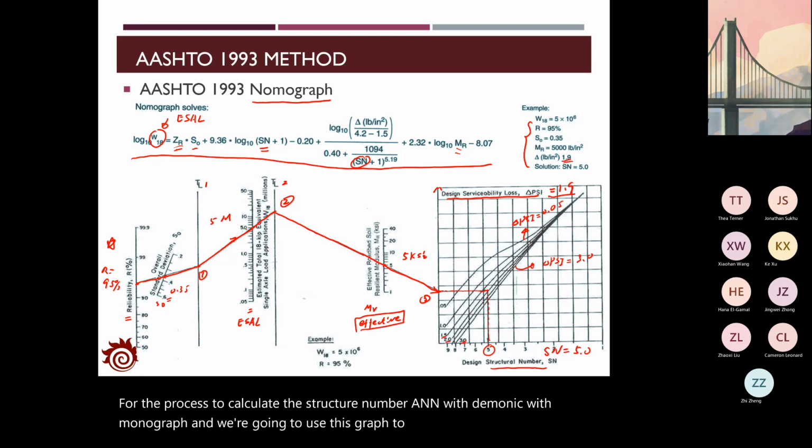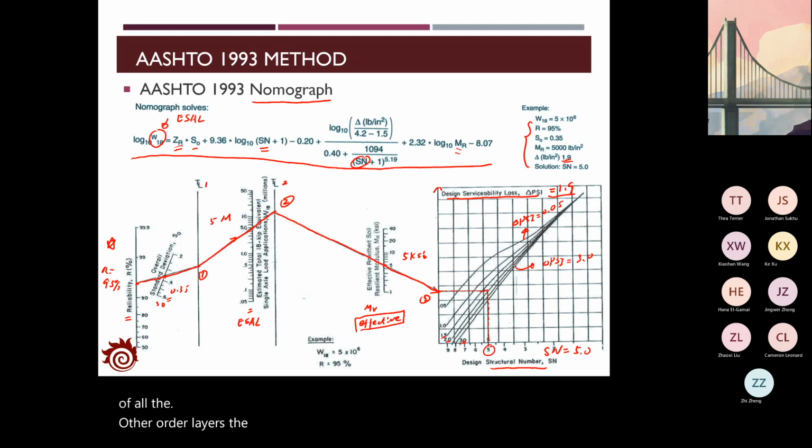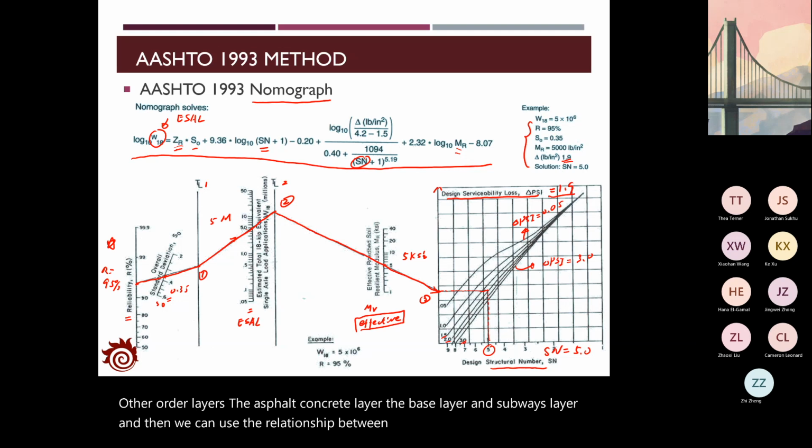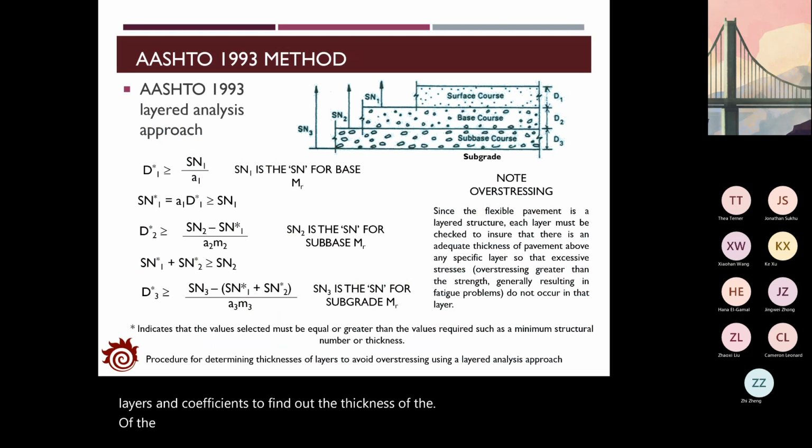the structure number of all the layers: the asphalt concrete layer, the base layer, and subbase layer. And then we can use the relationship between the structure number at different layers and the coefficients to find out the thickness of the flexible pavement.